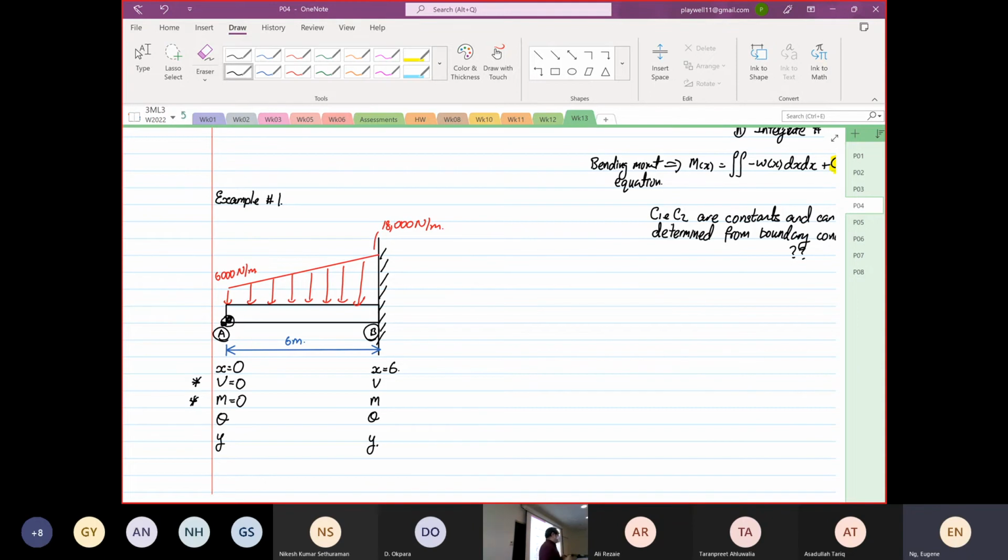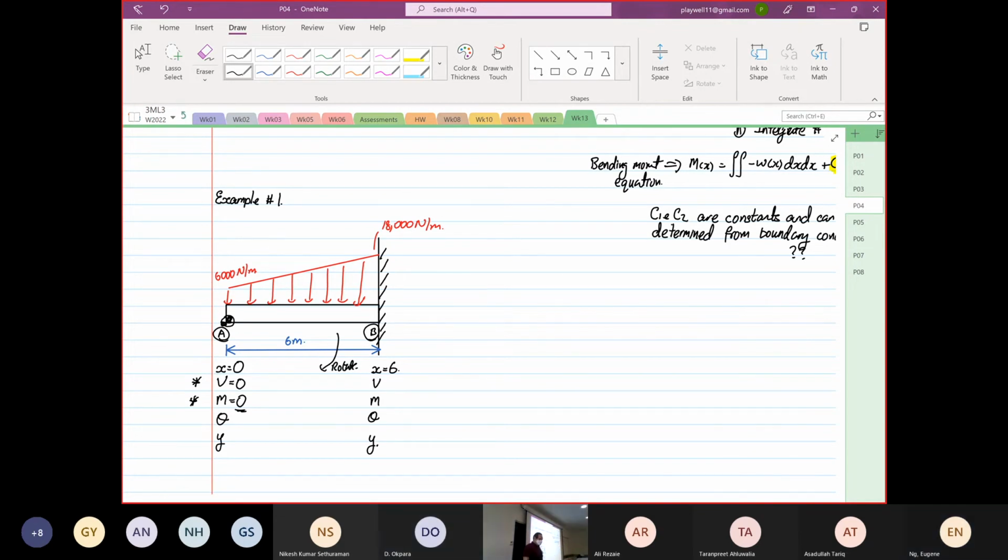If I remove the support at point B, what will happen to the structure? The whole structure will rotate. Yes or no? And for this reason, the moment is equal to 0. Do you understand?